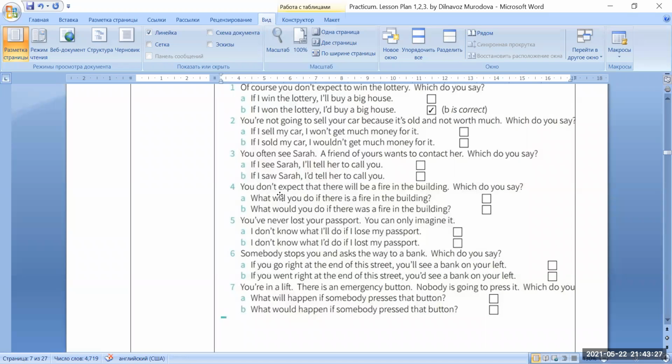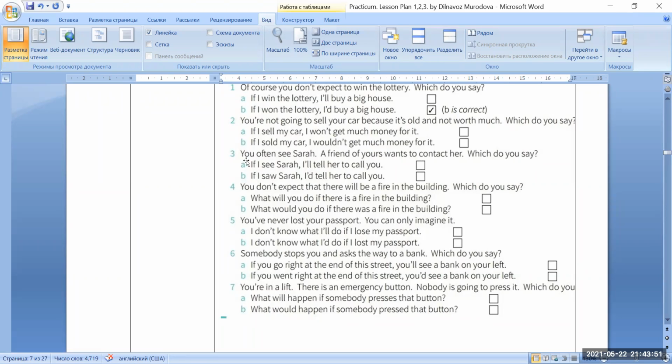B, if I sold my car, I wouldn't get much money for it. So the second one, B. Why do you think so, Aziza? Because I don't want to sell my car, and I'm just imagining the situation. Yes, in real fact, you are not going to sell it. You have no plan about selling.